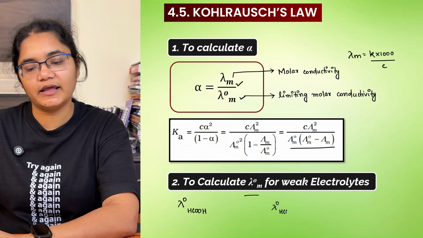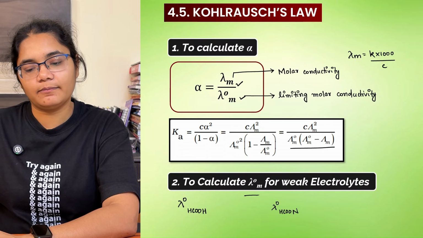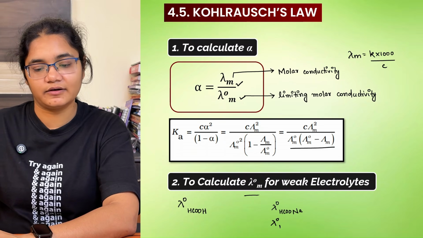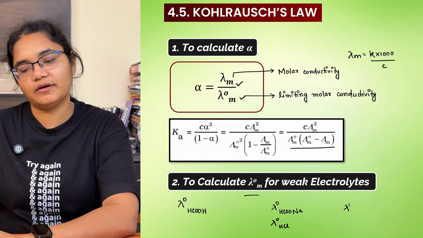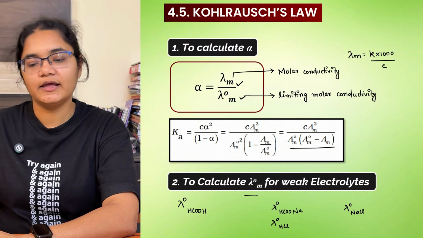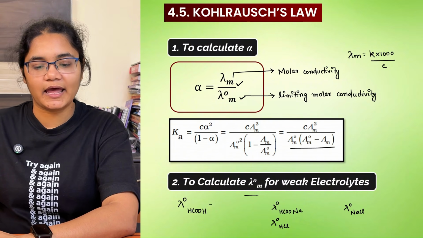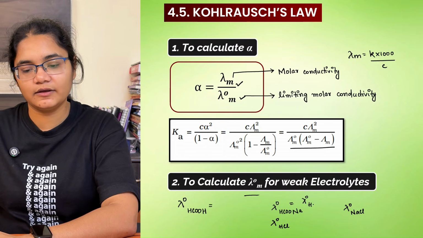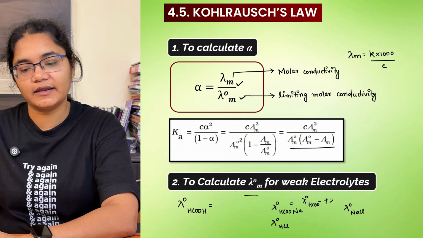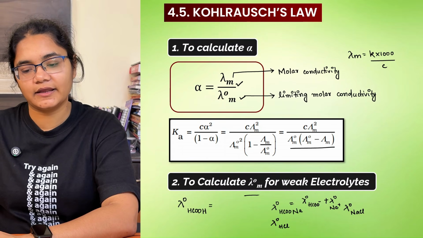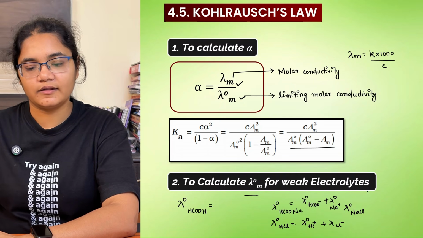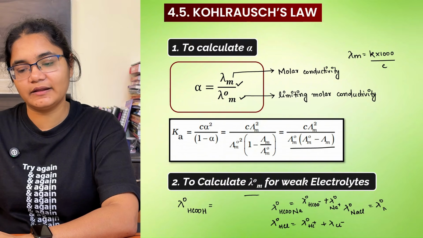I have been given the HCOONa value, the HCl value, and the NaCl value. These three values are given to me and I have to find it for HCOOH. See, HCOONa I can write as HCOO minus plus Na plus, cation plus anion. Similarly, HCl I can write as H plus and Cl minus. Then NaCl I can write as Na plus and Cl minus.